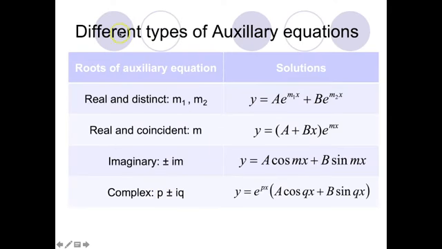We said that if you have a d squared y on dx squared plus b dy dx plus cy equals 0, then you form the auxiliary equation am squared plus bm plus c equals 0.